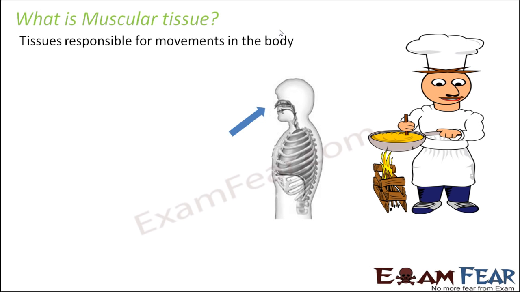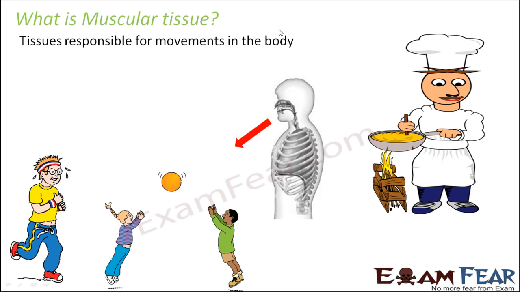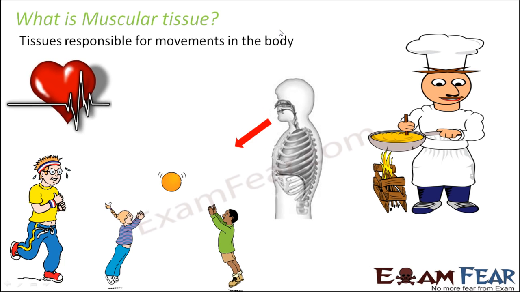When you are cooking food, you need to move your hands, your fingers, your wrist, and all this is possible due to the movement of the muscles. When you are playing, whether you are jumping, running, or stretching out your hands, all of these again involve movements by muscles. These are all examples of movements where muscular tissue is involved.